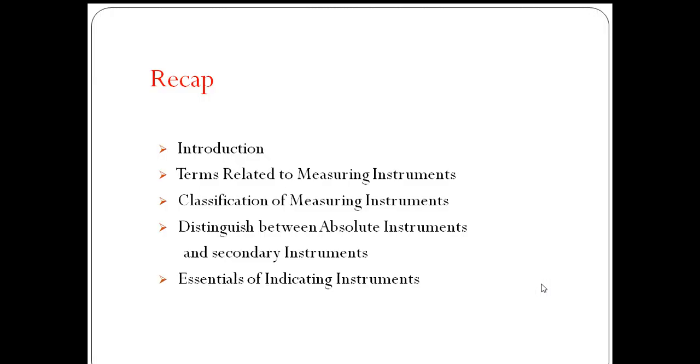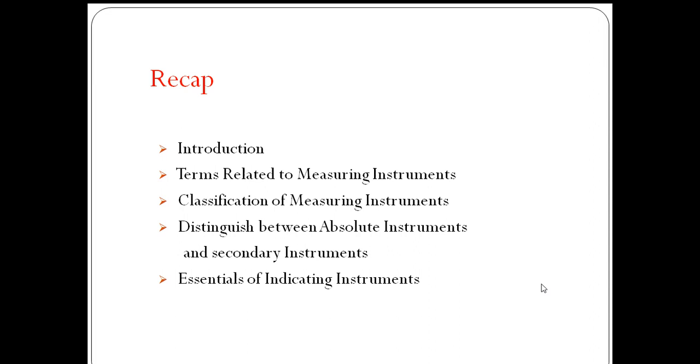So in the previous classes, we started our discussion regarding the measurements of electrical and electronic quantities. In that, we discussed the basics of measuring instruments. We focused mainly on important terminology like accuracy and precision, resolution, and sensitivity of a measuring instrument.